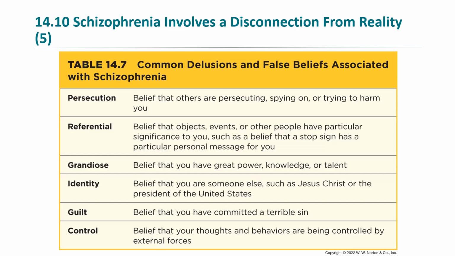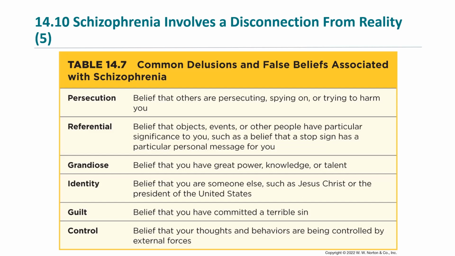Like I am the best at this, like you're somehow really significant. Okay, identity is a belief that you're someone else, such as Jesus Christ or the President of the United States. Guilt is a belief that you committed a terrible sin. And delusions of control are that your thoughts and behaviors are being controlled by external forces.